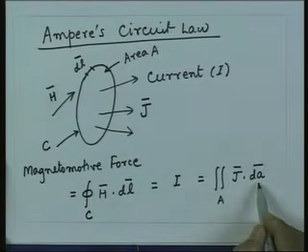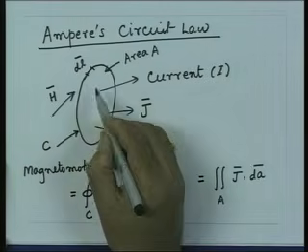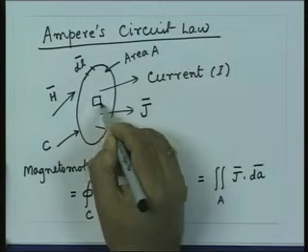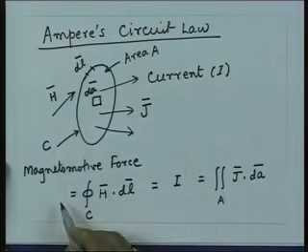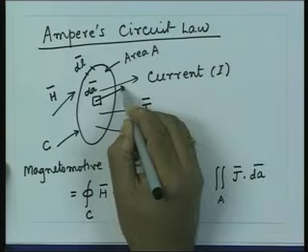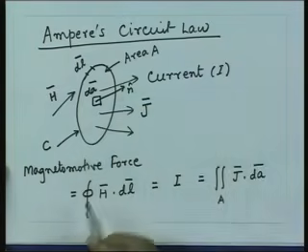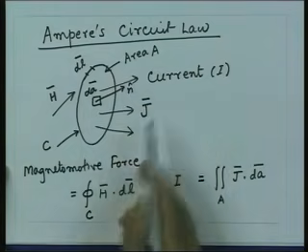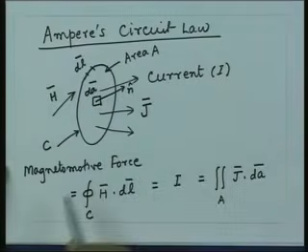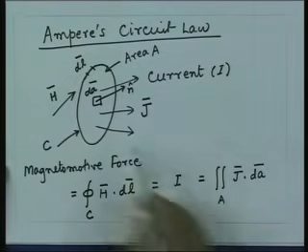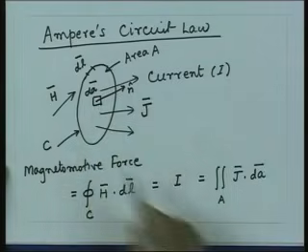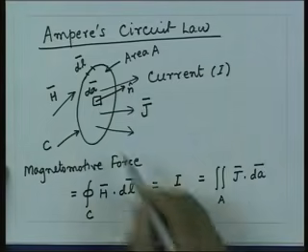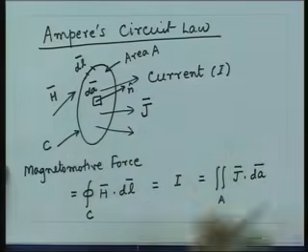So, J dot dA gives me the current flowing through a small area dA. This is the direction for the area normal, and that is the direction for J. So, J dot dA gives me the current flowing perpendicular to that area at this location. If I add up all those currents, that will give me the total current enclosed by this loop.